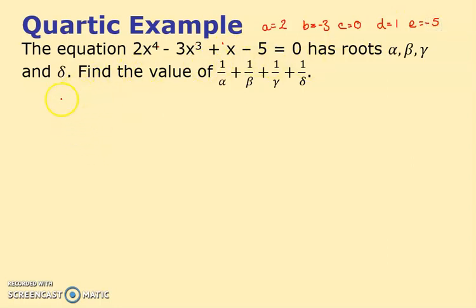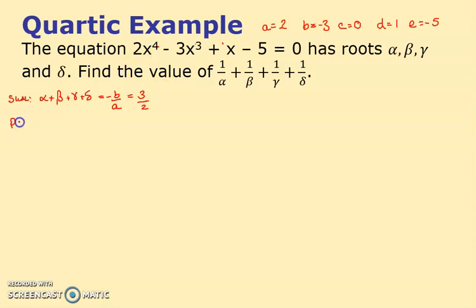So this is the equation then. Find the value of... Now, I know it doesn't tell me to do it, but I'm going to write alpha plus beta plus gamma plus delta. And to remember what I've said, this is the sum of the roots. The sum of the roots then has a nice formula, which we've seen lots now. Minus B over A. Minus B is 3 over 2. I like that.